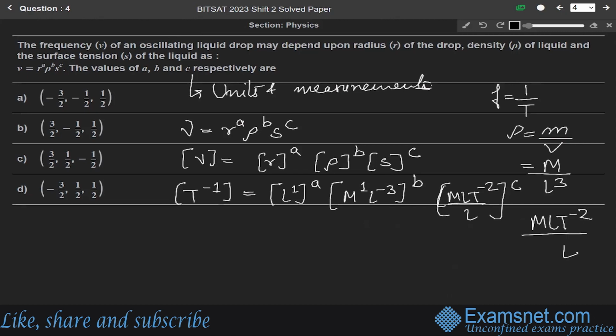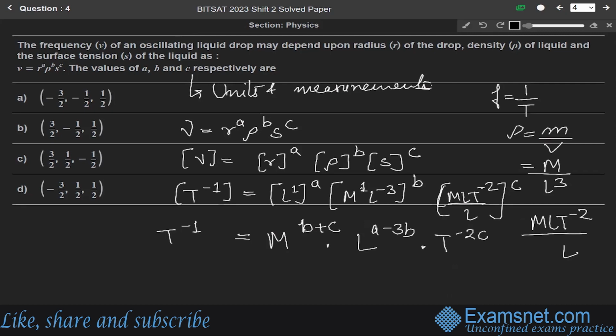So solving it we get T^-1 is equal to M to the power b plus c, and for L it will be a minus 3b, and L over L cancels, so L^(a-3b), with T to the power minus 2c.